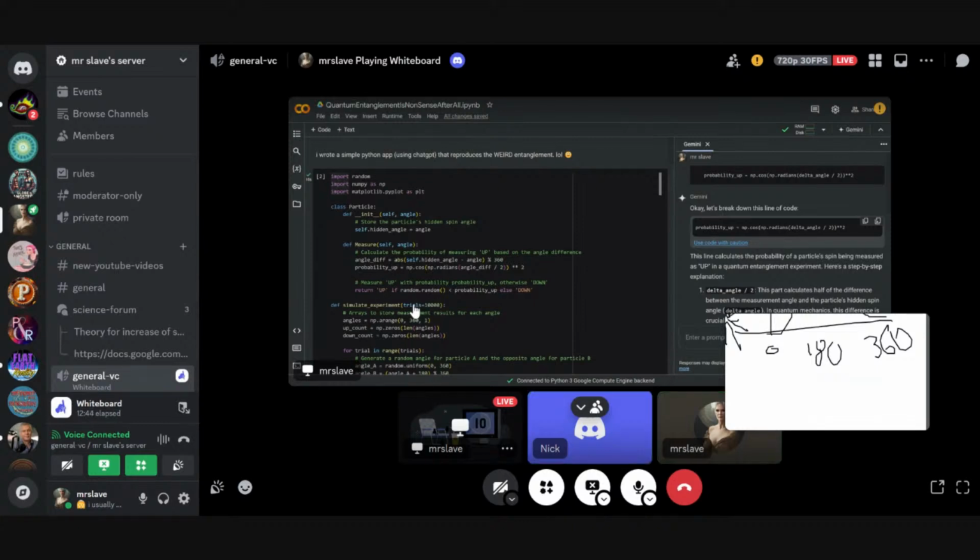Let's read this. It says here: return up if random is less than probability up, else down. Probability up is usually between 0 and 1.